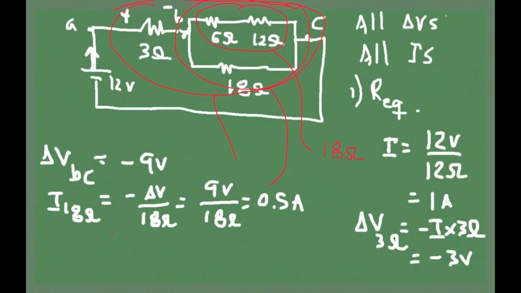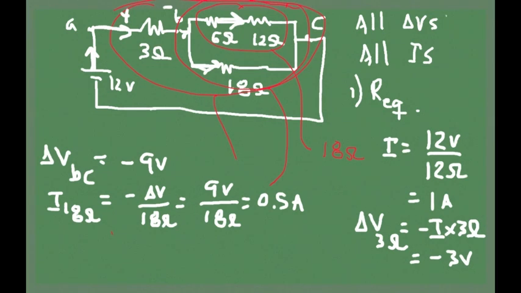And the current flowing through the 6 ohm resistor and the 12 ohm resistor should be the same, right? Because 0.5 amps are going down, and we know that there is 1 amp flowing over here. So the difference between them, 0.5, is the amount of current that must be flowing on the top.